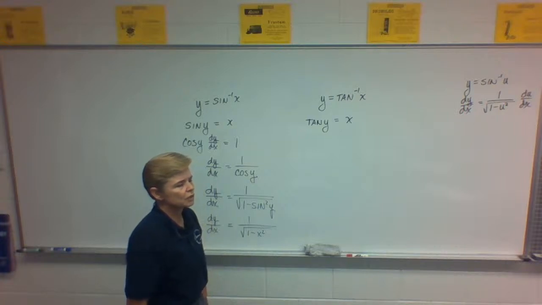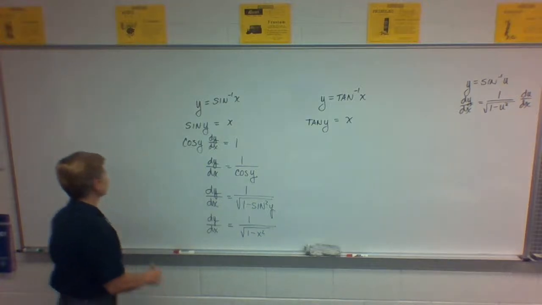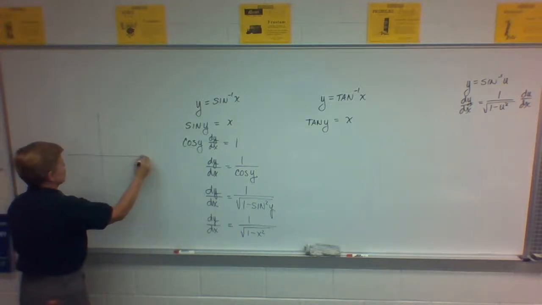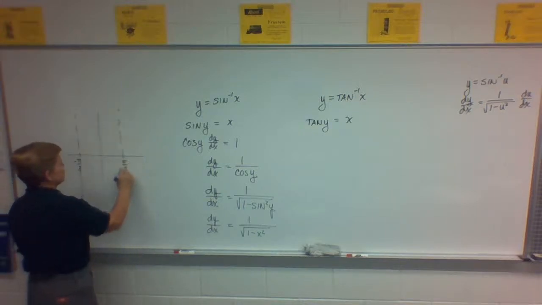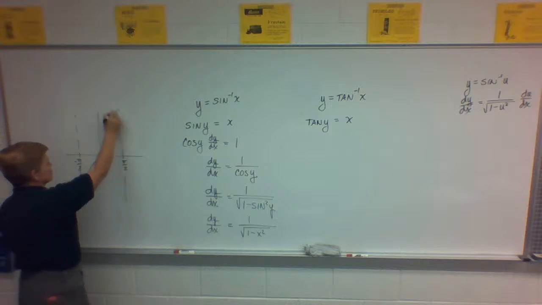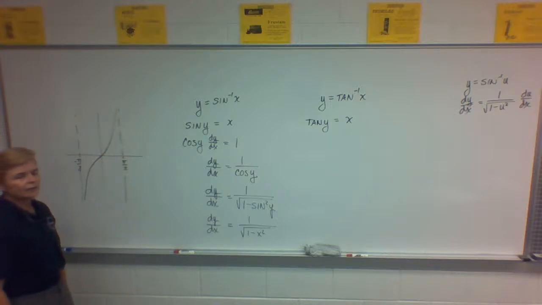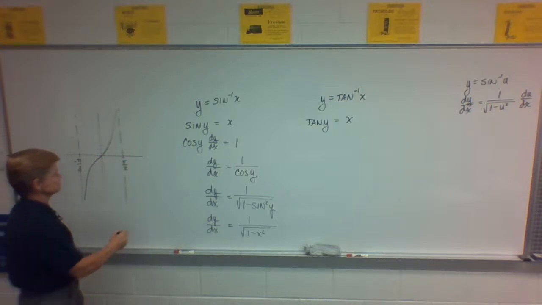By the way, where is inverse tangent defined? Does anybody remember from trig? All real, or is it only from the range of like 1 to -1? Think about that. What does tangent look like? One branch of tangent goes from here to here, asymptotic, because it's not defined at those places. What would that look like flipped over the line y equals x?